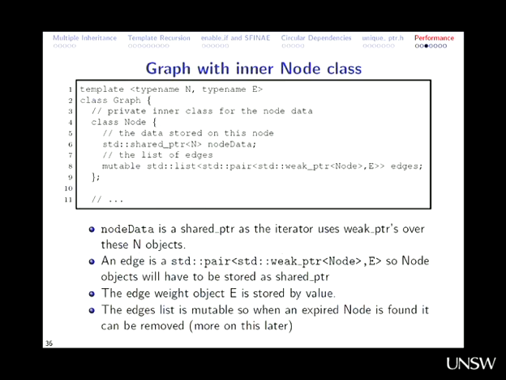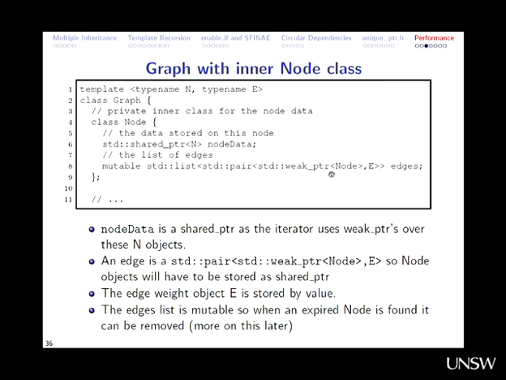Okay, I've got 2 minutes. I'm going to try to go faster. Here is my node class. I've got my graph. It's got an inner class of nodes. It's got a shared pointer over the node data. It's got a list of edges. For my list of edges, I do not have an edge class. I just use a thing called a standard pair. Okay? It stores the weight, element E, which didn't need to be a smart pointer because I've only got one of them for each edge.